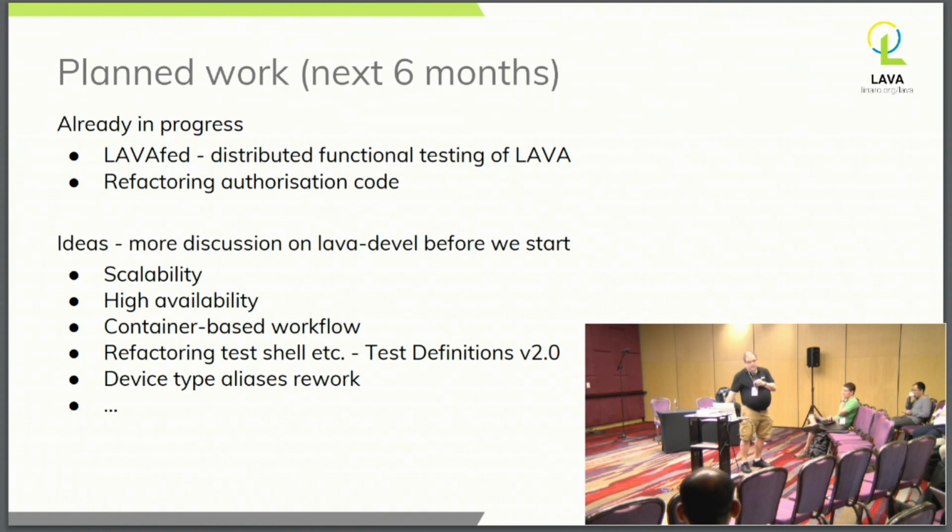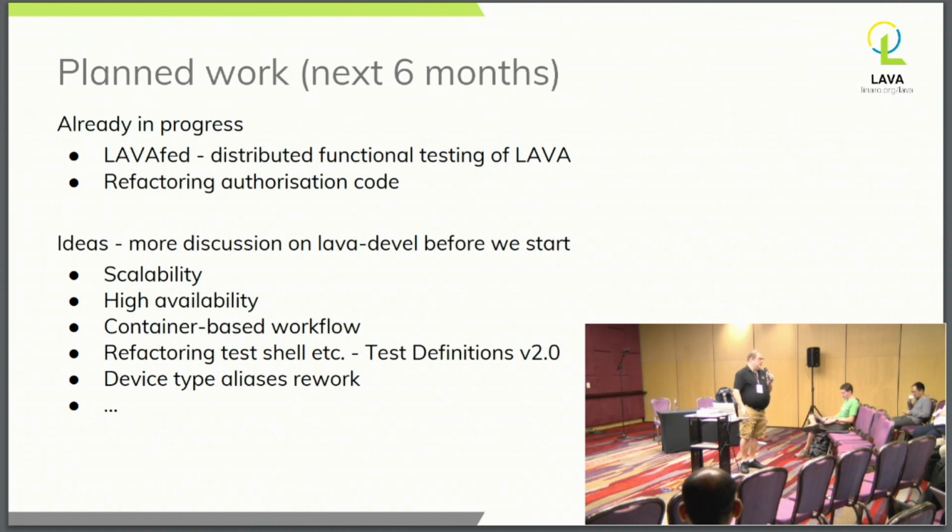So that's happening. We also have some ideas, and these are ideas only so far, on things that we want to do. We want to make Lava more scalable, as in we want to make it easier to have an instance with hundreds or even thousands of devices on it. We want to add high availability.